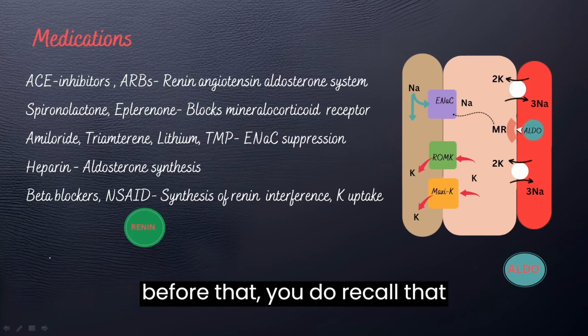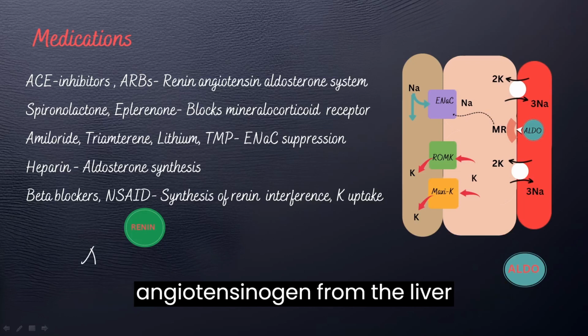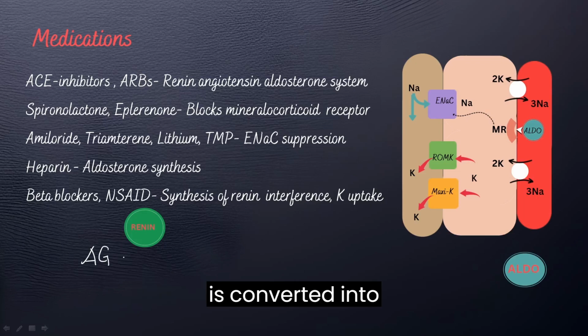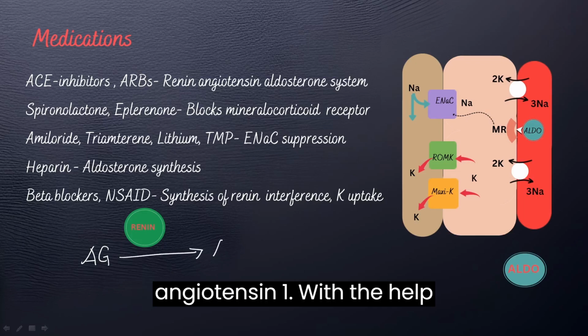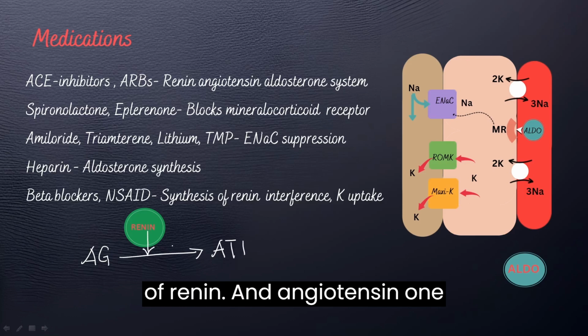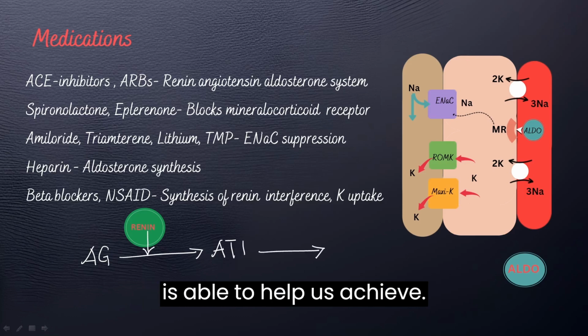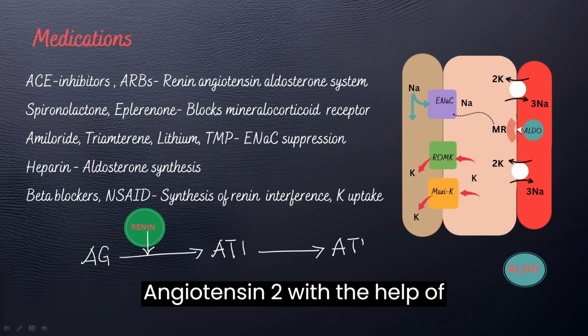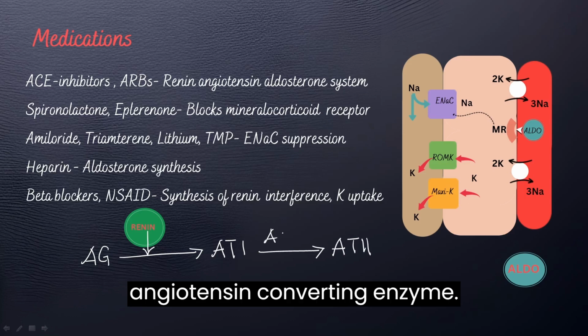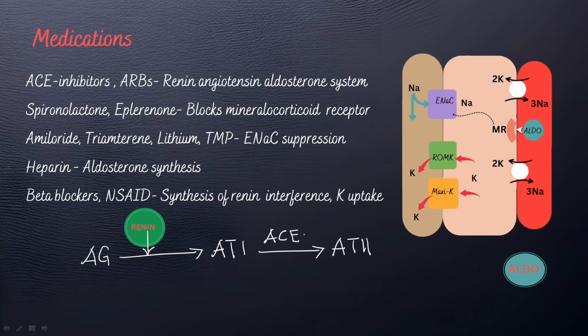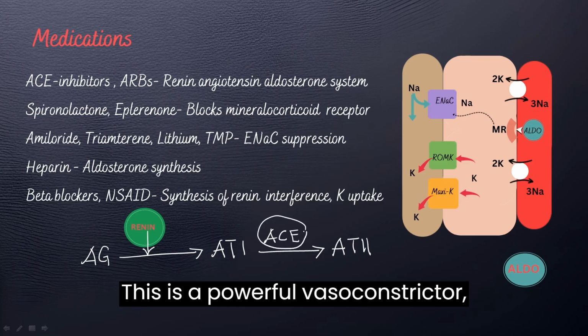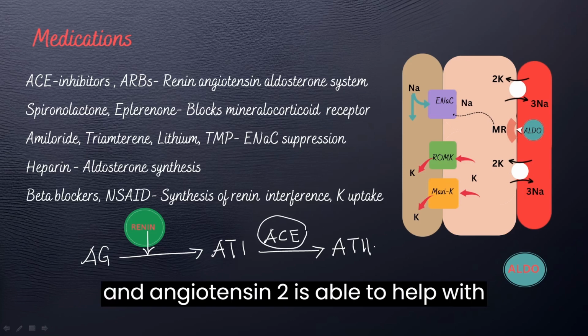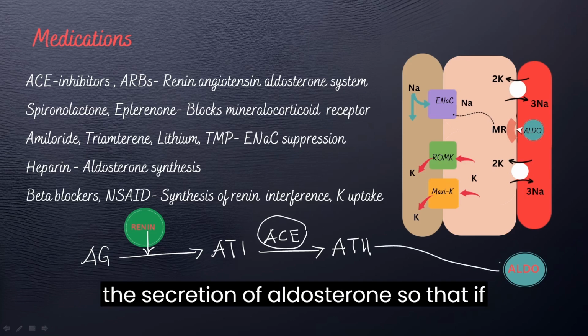But before that, you do recall that angiotensinogen from the liver is converted into angiotensin 1 with the help of renin. And angiotensin 1 is able to help us achieve angiotensin 2 with the help of angiotensin converting enzyme. This is a powerful vasoconstrictor, and angiotensin 2 is able to help with the secretion of aldosterone.